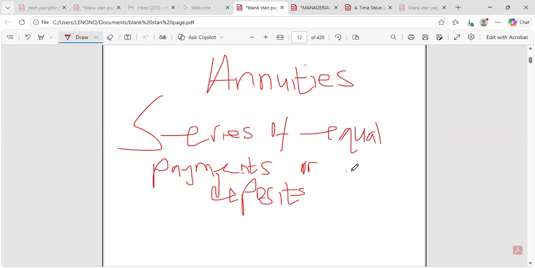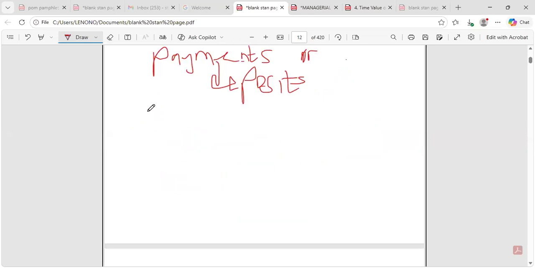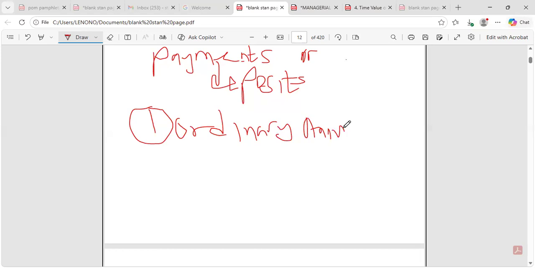So we have the ordinary annuity. So what is an ordinary annuity? It's an annuity where payments are made at the end of each period.